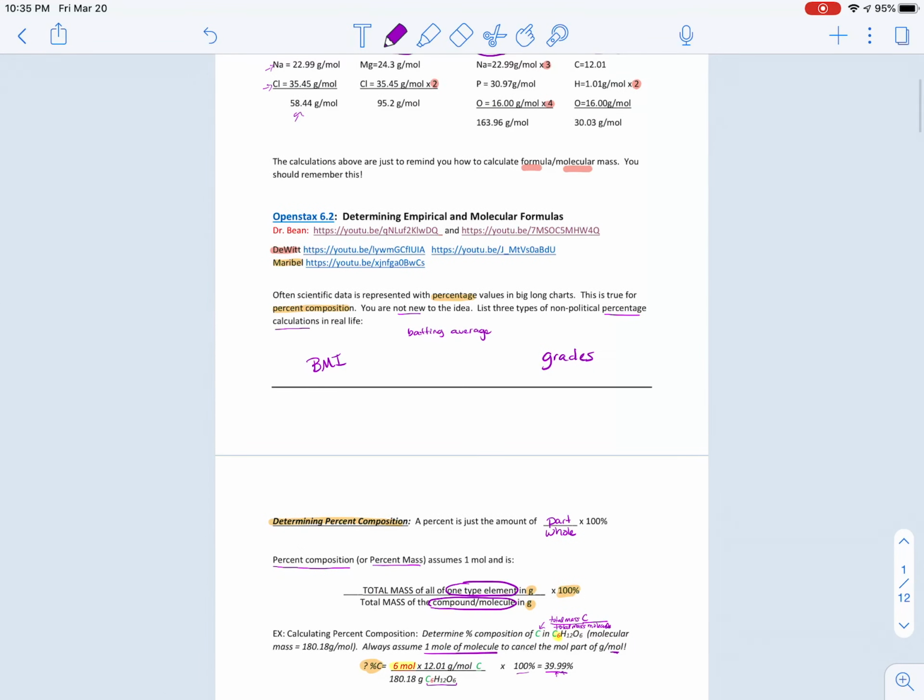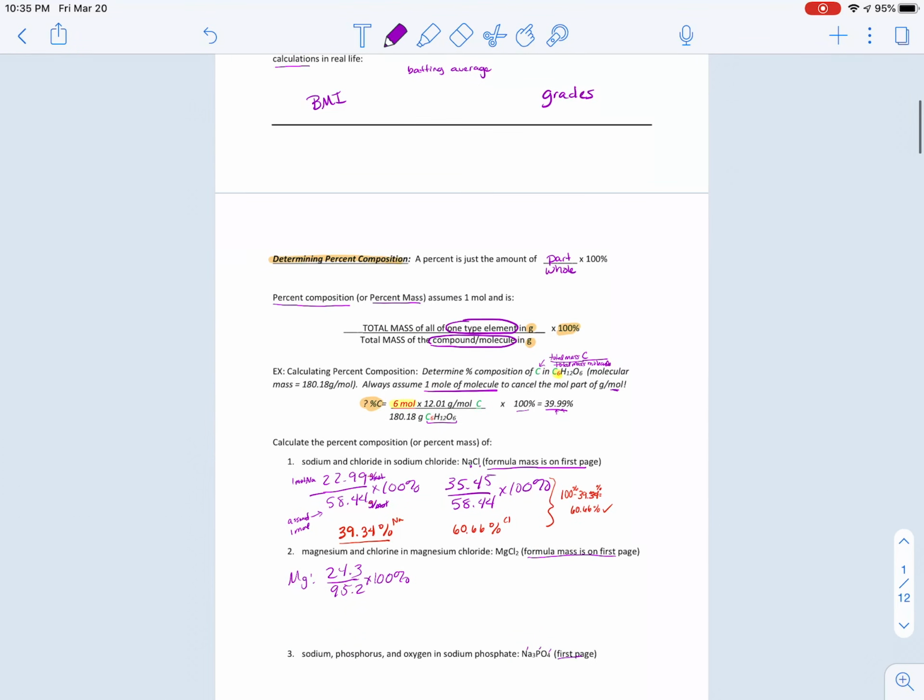Magnesium. Now, I want to be careful not to make the mistake of dropping any of the chlorines. There's 2 of them. So I want to make sure that I'm saying 35.45 times 2.